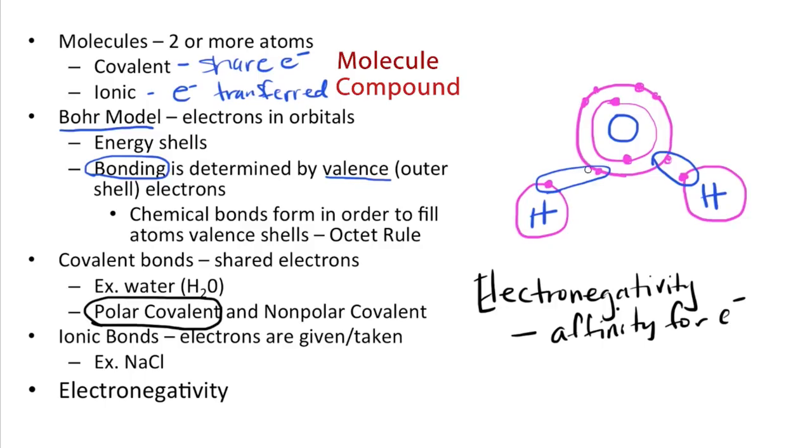With water, what happens is that oxygen is very electronegative. Hydrogens are not nearly as electronegative. So these 2 electrons that are shared between oxygen and hydrogen actually spend much more time. Remember, they're in motion. They're not a stationary, static thing. They spend much more time around oxygen than they do hydrogen.